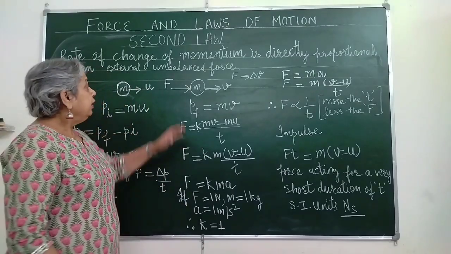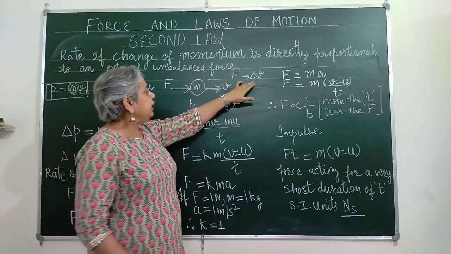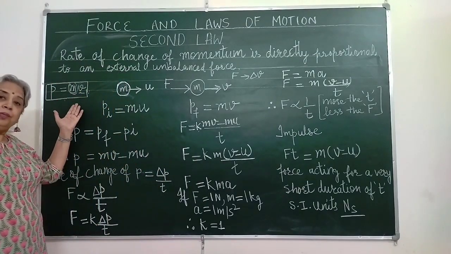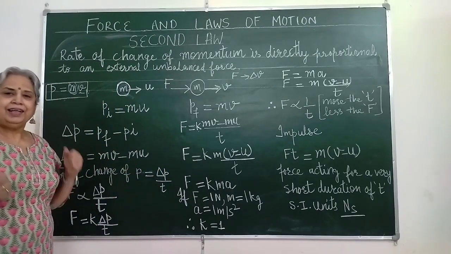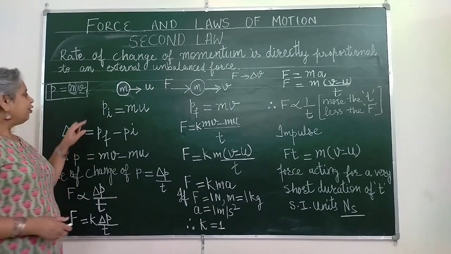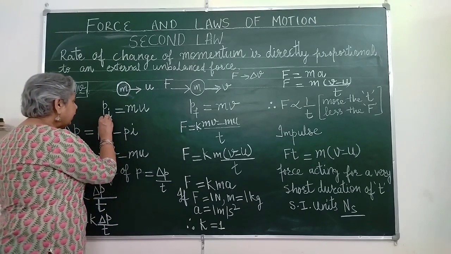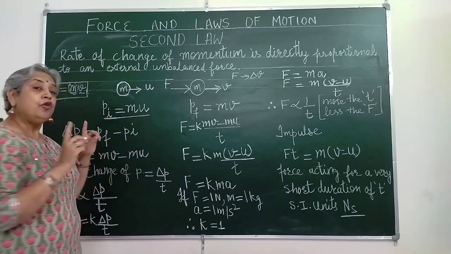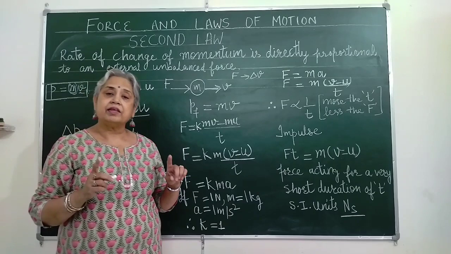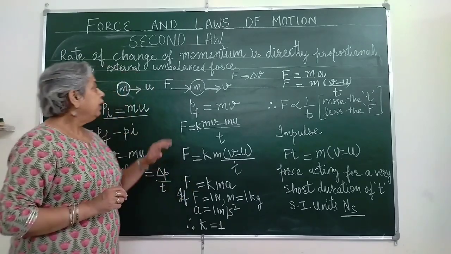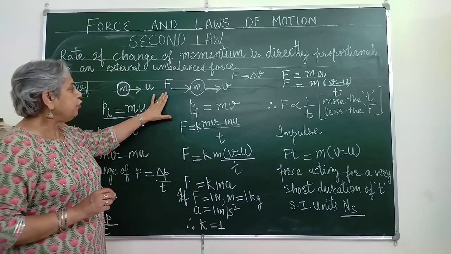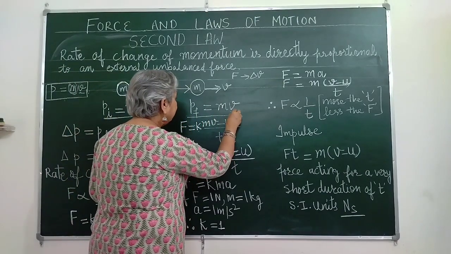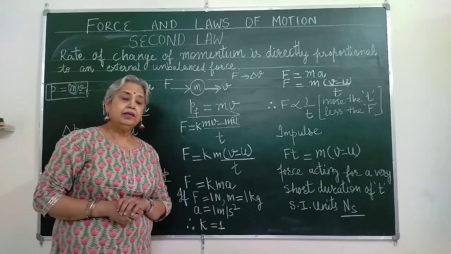Now when force changed the velocity, it automatically changed the momentum, isn't it? So, the initial momentum is this, before we applied an external unbalanced force, and after the application of force, the final momentum has become mv.